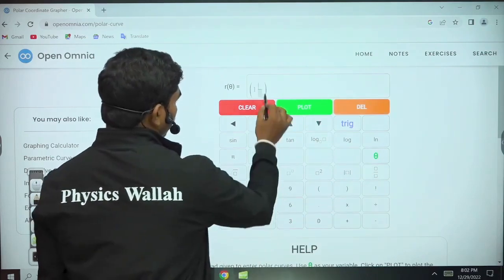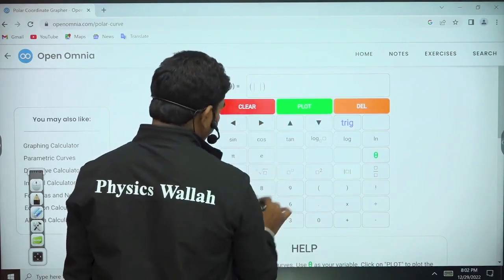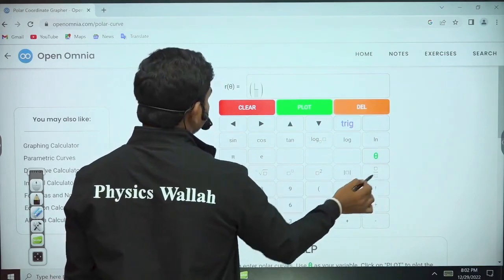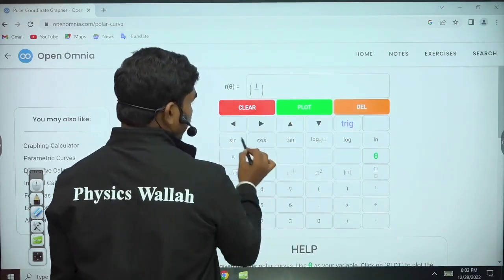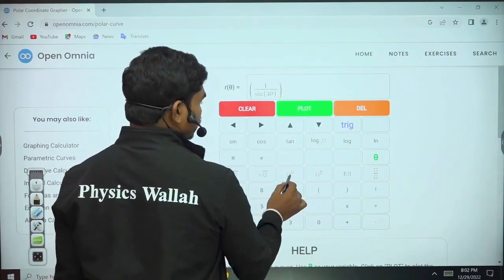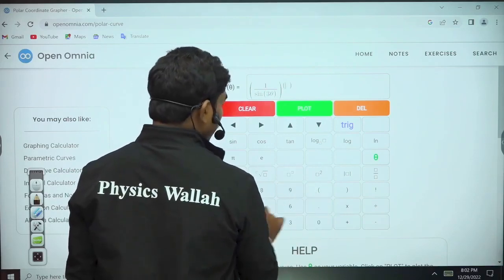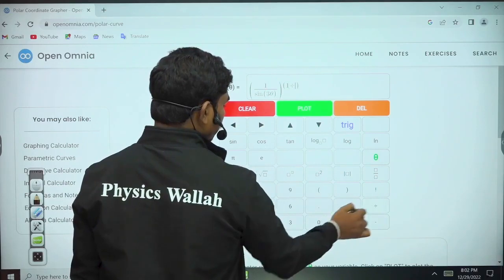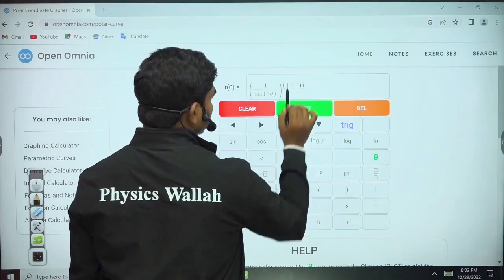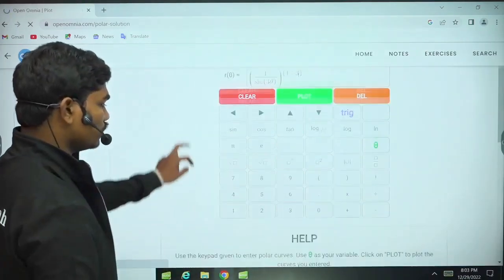Here it is division, so 1 divided by sine 3 theta, with power 1 by 3. Let us write power 1 by 3. So if you plot this, I will show you the shape of the graph.